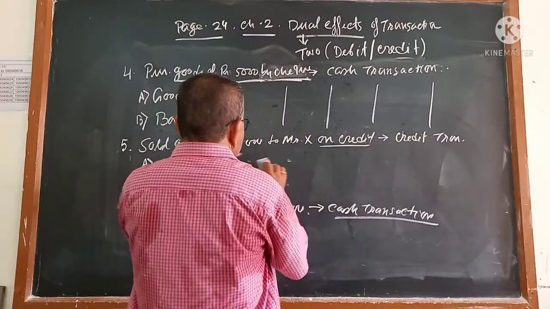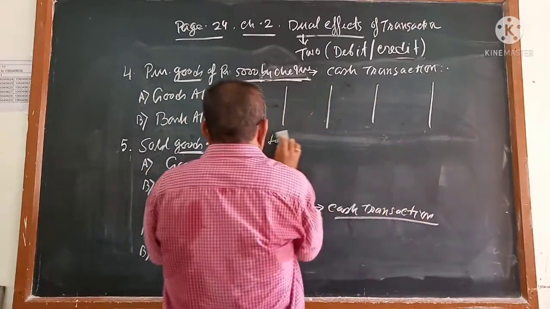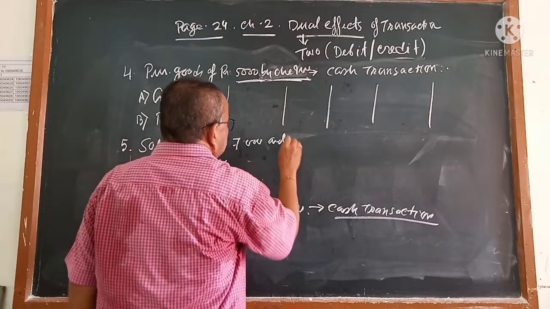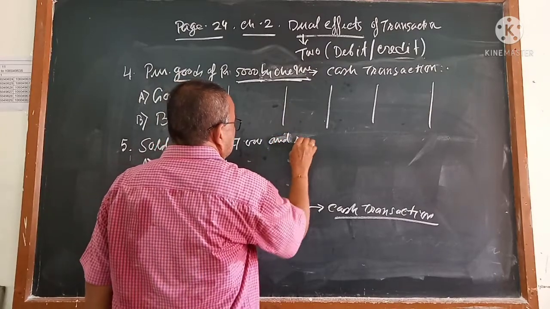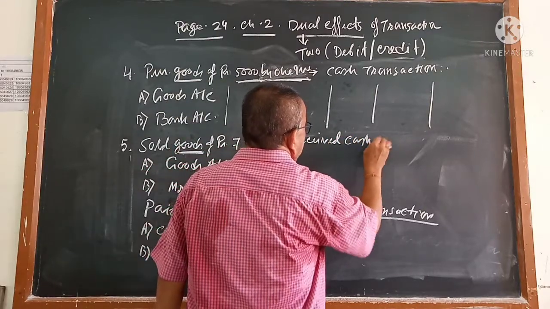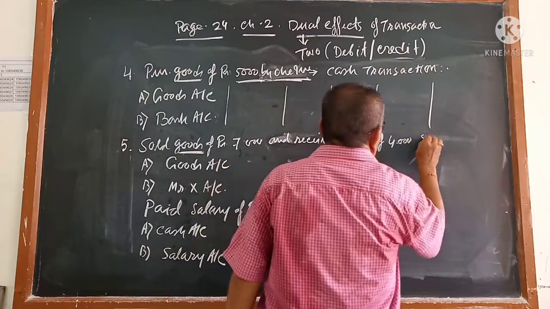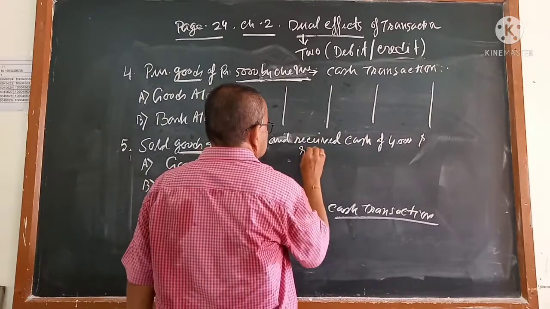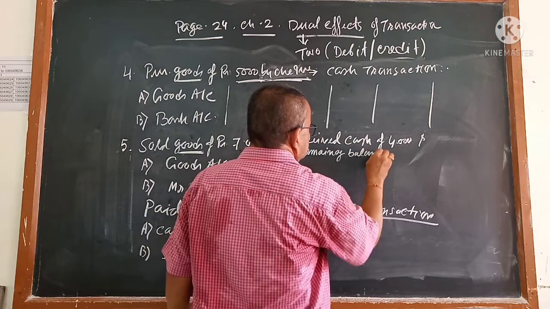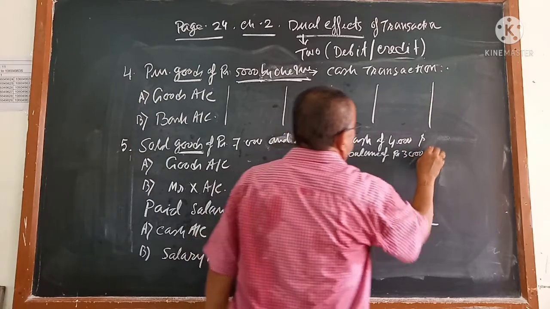Sold goods of rupees 7,000 to Mr. X, and received cash of rupees 4,000 and the remaining balance of rupees 3,000 by cheque.